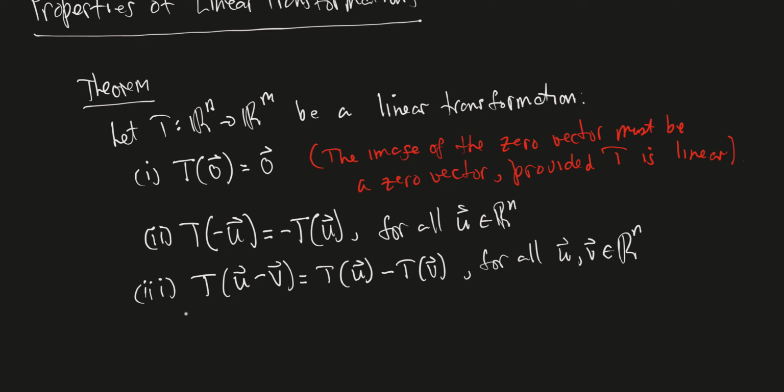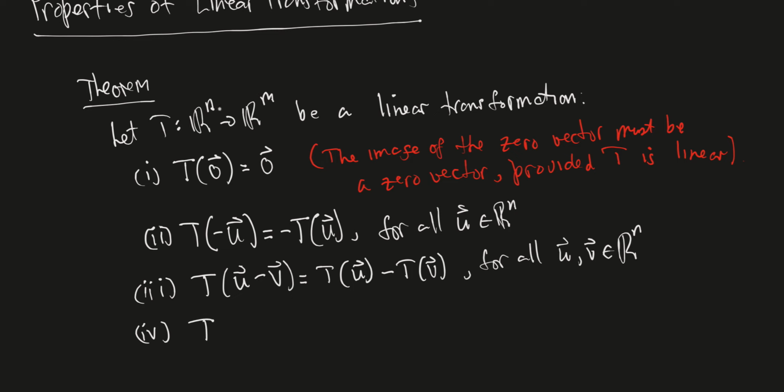And then the fourth one is arguably the most important one. I'll say it in words first: if you take the transformation of a linear combination of vectors in Rn, you are going to get a linear combination of vectors in Rm. So this is what it looks like.